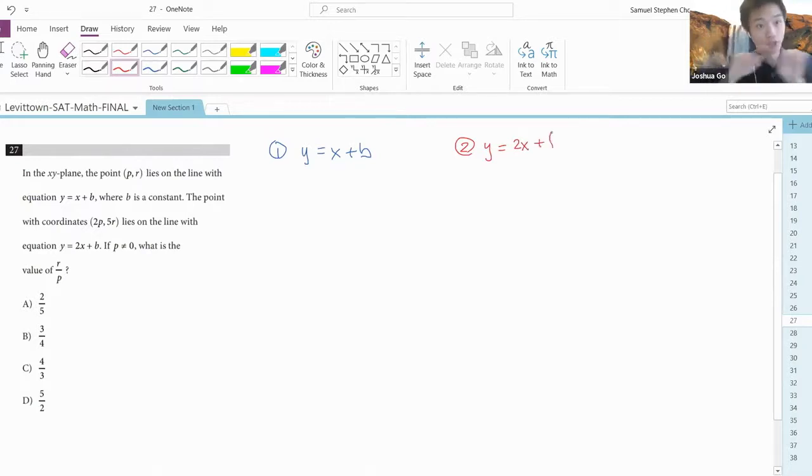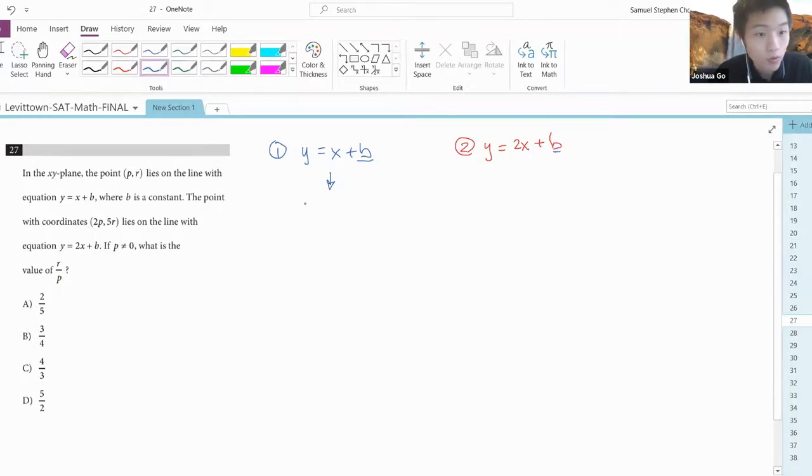So here they give us two separate equations, so let's work them out one by one. The aim here is to essentially combine these two equations, and the only way to do that is by solving for b for both equations. First, I want to plug in the values of (p, r) into each of the equations.